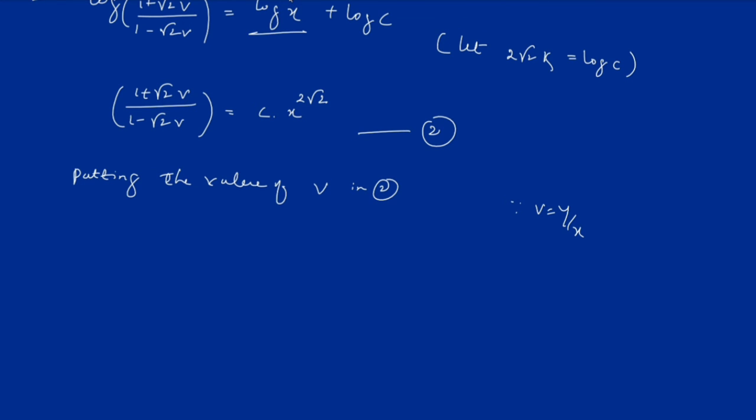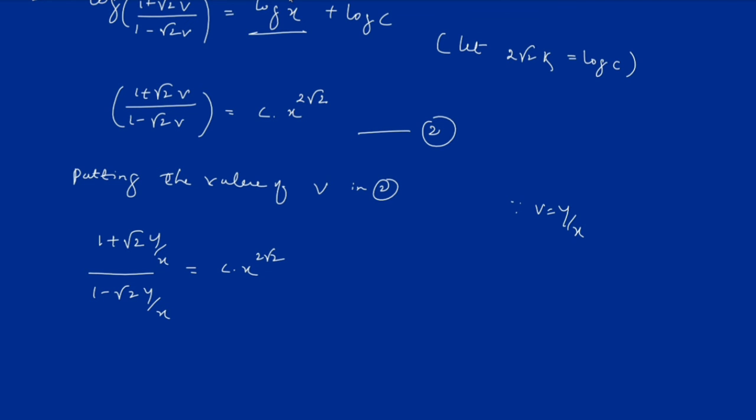So now, after substituting y by x, 1 plus root 2 v is y by x, 1 minus root 2 y by x, which is equal to c x to the power of 2 root 2, right?